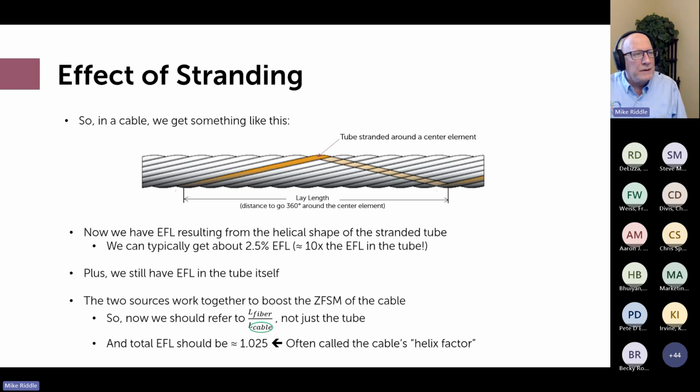The upside is basically you're allowing your EFL in the tube to give you a little bit of a margin for error, which helps your cable exceed what you've put on your data sheet as its performance specifications. In other words, your real zero fiber strain margin is likely a little bit higher than what you say it is on your data sheet when you make this simplification.